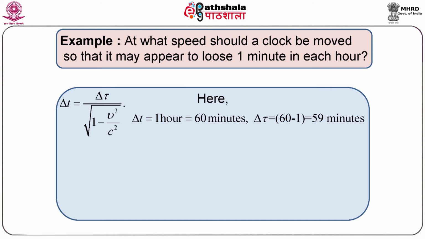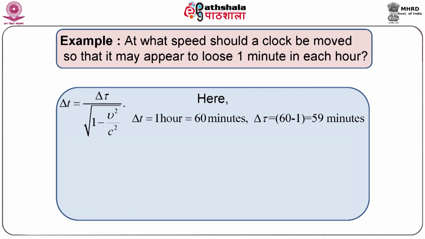Here Δt is equal to 1 hour, which is 60 minutes. Δτ is equal to 60 minus 1, that is 59 minutes. In the problem, it has been mentioned that the clock may appear to lose 1 minute.